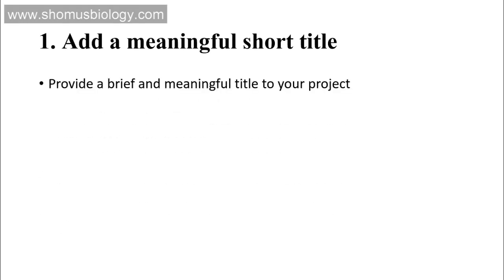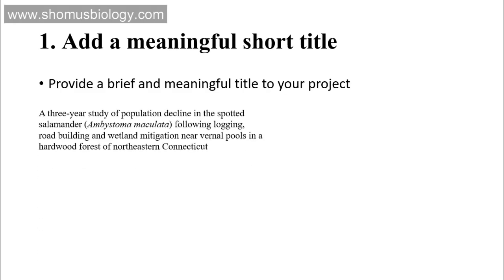First of all, you need to add a meaningful short title. So provide a very brief and meaningful title to your project. That means you should not write excessively or very little. For example, a title like "A 3-year study of population decline in the spotted salamander following logging, road building and wetland near the vernal pool in a hardwood forest of northeastern Connecticut."